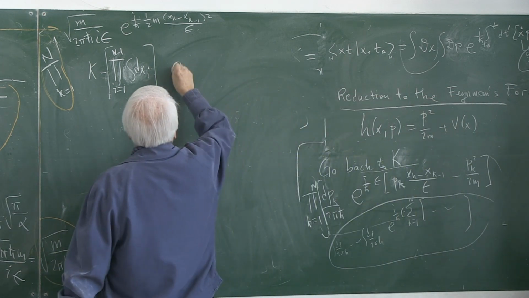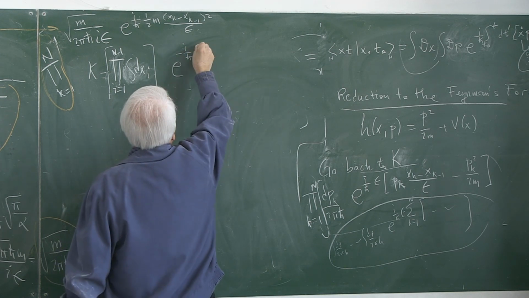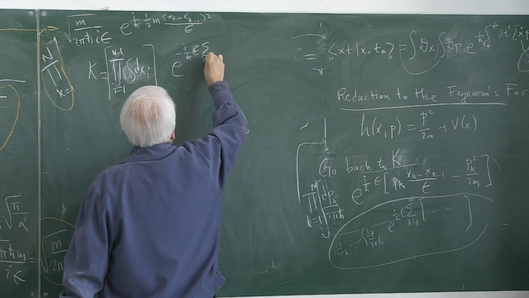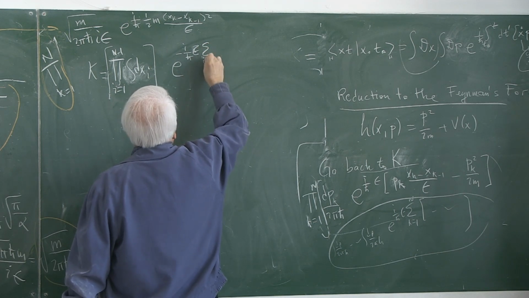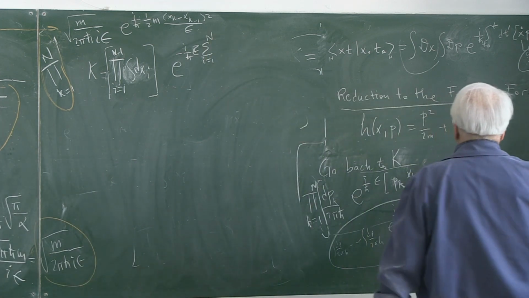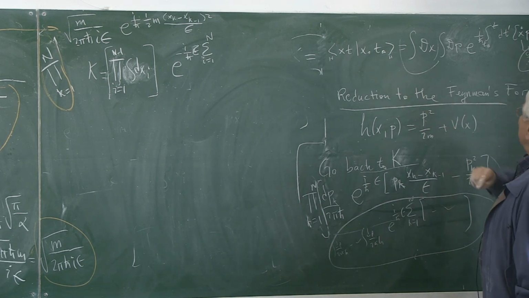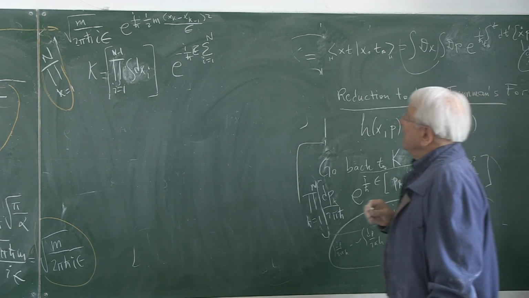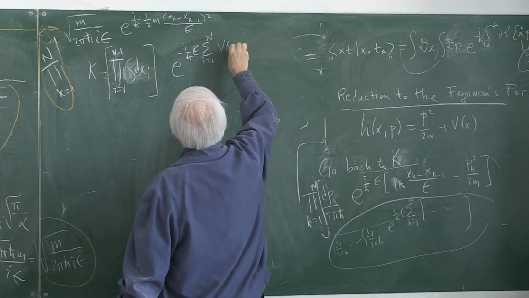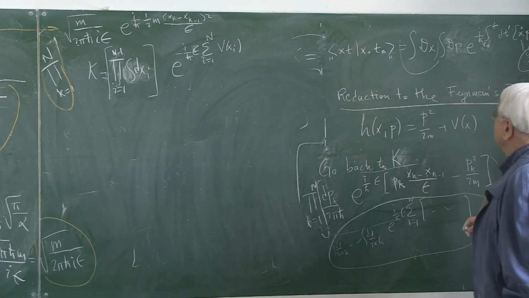How many of them? e to the minus i over h bar, epsilon sum over k, or i from 1 to n. This thing. There is an overall minus sign in the front. That's why I have put that minus sign. V of xi. Okay.